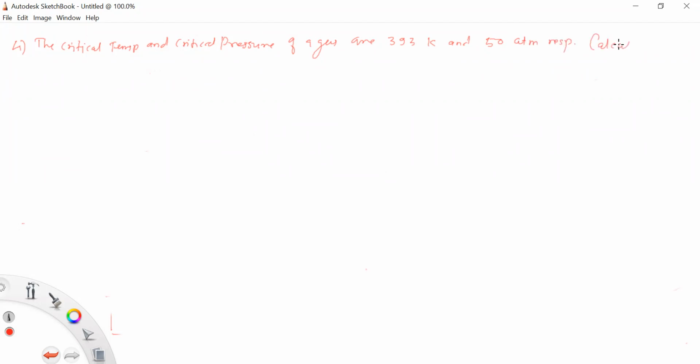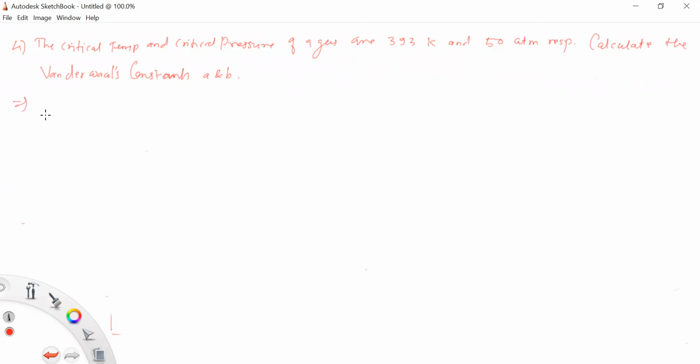Calculate the van der Waal constants A and B. Right.